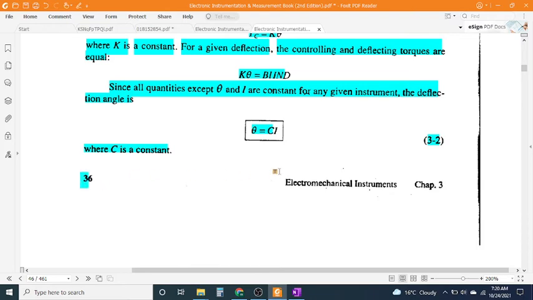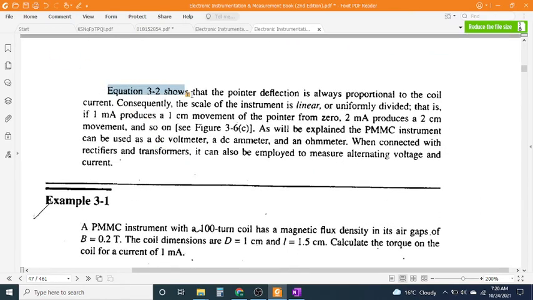Equation 3-2 shows that the pointer deflection is always proportional to the coil current. Consequently, the scale of the instrument is linear, or uniformly divided. That is, if 1 mA produces a 1 cm movement of the pointer from 0, 2 mA produces a 2 cm movement, and so on.